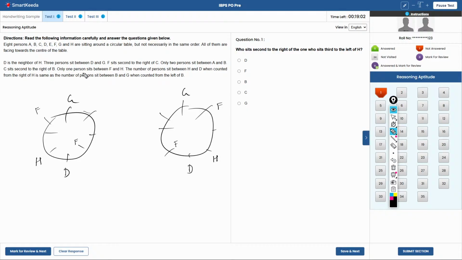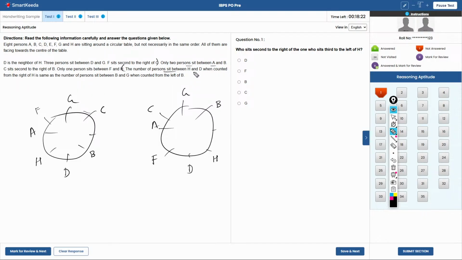F sits second to the right of C. So definitely F is here, second to the right of C. Only one person sits between F and B. C sits second to the right of B. Only two persons between A and B. So C sits second to the right of B.